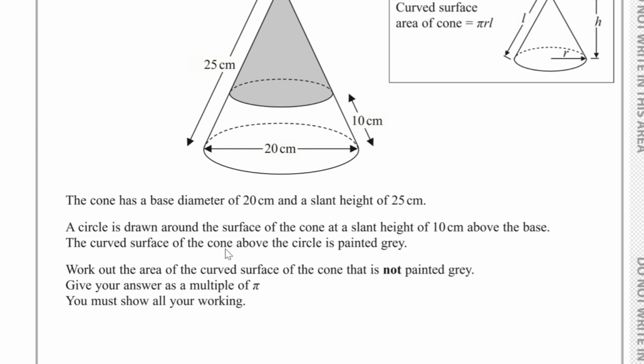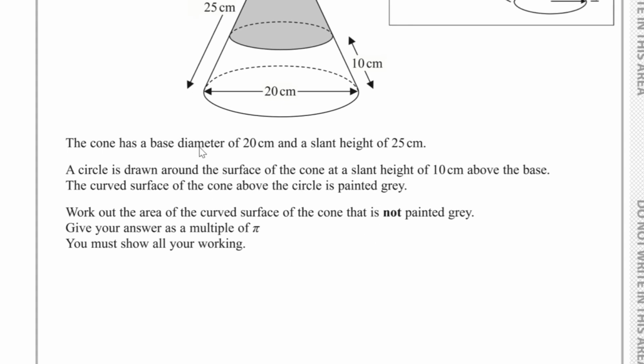The curved surface of the cone above the circle is painted grey. We have to work out the area of the curved surface of the cone that is not painted grey. We have to give our answer as a multiple of pi. You must show all of your working.